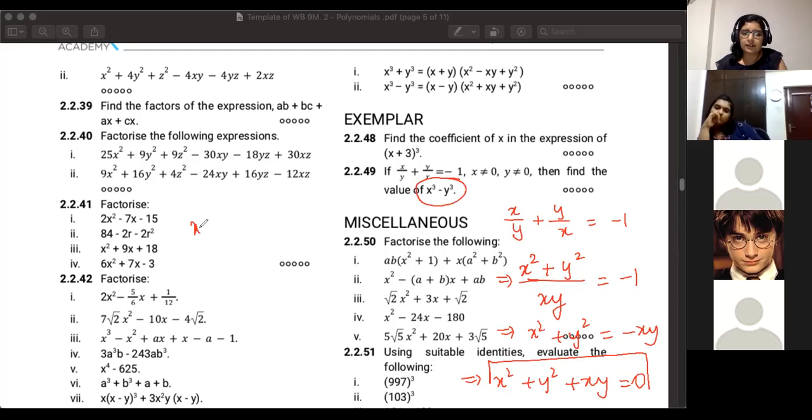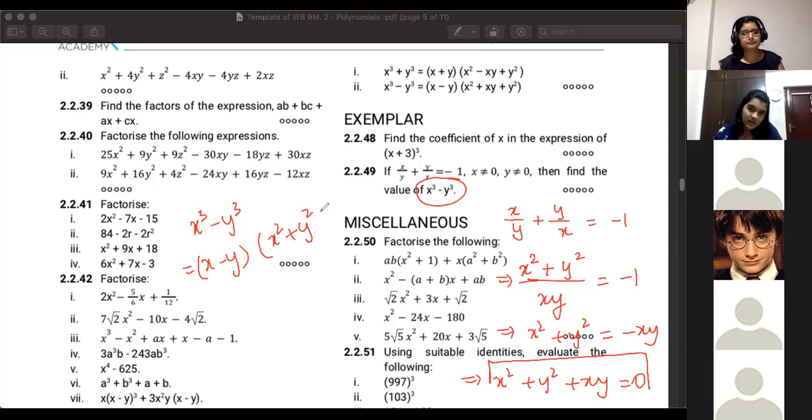You know nothing about what is x or what is y, right? So expand this using the identity. So what will you get in the expansion? (x minus y) into (x square plus y square plus xy).